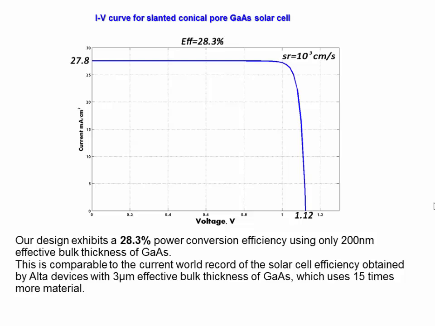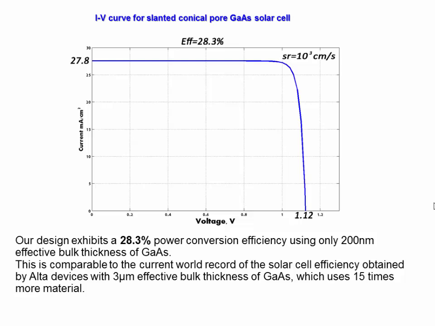And here I present an IV curve for this type of structure, and we attain a remarkable power conversion efficiency. Using only 200 nanometers, we obtain 28.3% with open circuit voltage of 1.12 and 27.8 of MEPD.